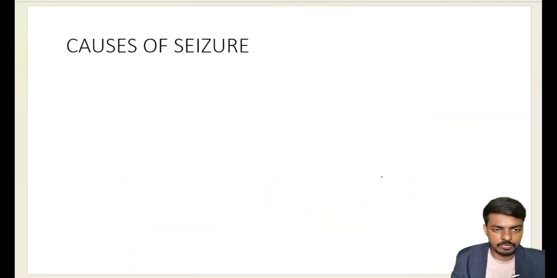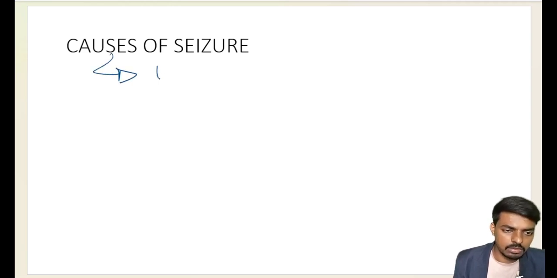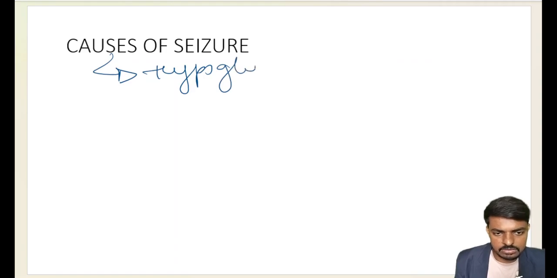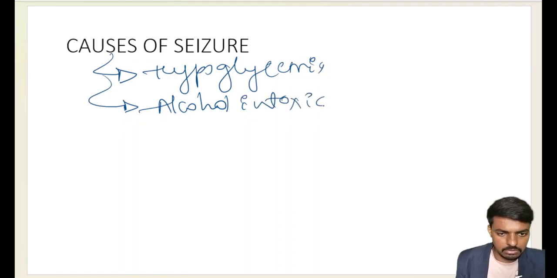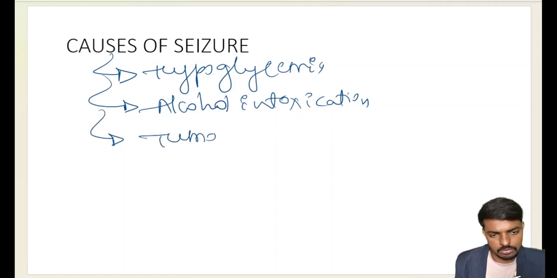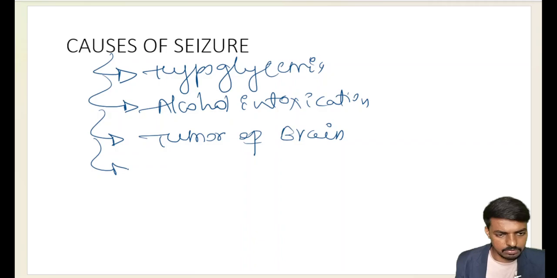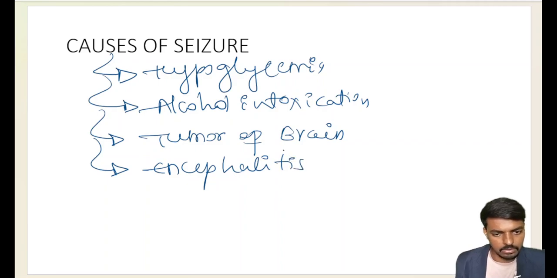Okay, very important. So let me discuss simply: what are the causes of seizure? Seizure may occur due to hypoglycemia, alcohol intoxication, brain tumor, and infections of the brain, that is encephalitis, and meningitis also.